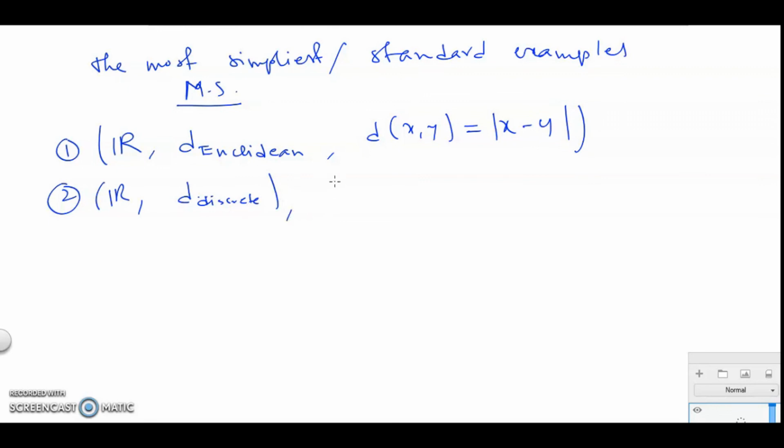This d discrete is defined by: distance between x comma x will always be 0, because the distance between any two similar points is 0, and distance between x comma y is 1 if x is not equal to y. If you define it in such a way, it will satisfy all metric properties. Hence obviously we can say that d will form a metric, and hence any space or R with d metric will be called a discrete metric space.